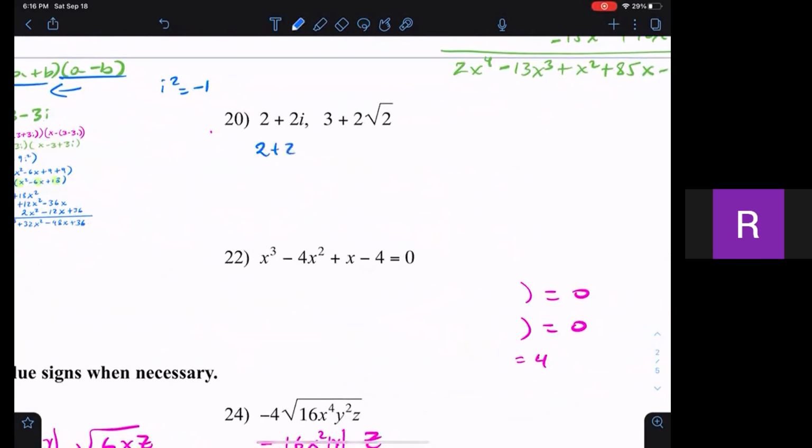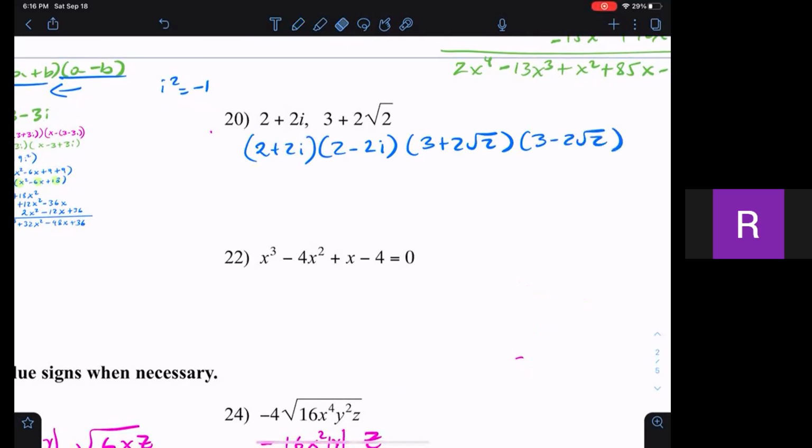2 plus 2i, 2 minus 2i, 3 plus 2 square root 2, 3 minus 2 square root 2. Now you need to solve, right? So that's going to be 4 minus 4i squared, right? Or actually, I forgot.